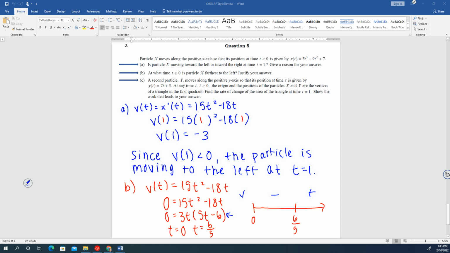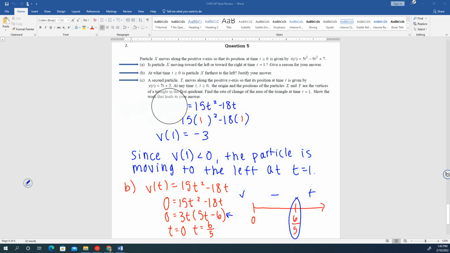So what this tells us about our particle, so he starts at 0, and he's going to the left, going to the left, going to the left, and then he stops at 6/5 just for an instant, and then he travels to the right. So when would he be the furthest to the left? At 6/5, right? Right here. Because then from then on, he's going to the right.